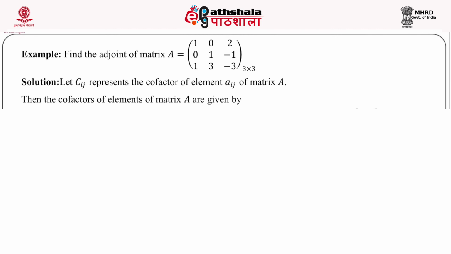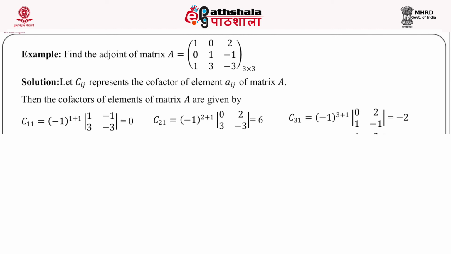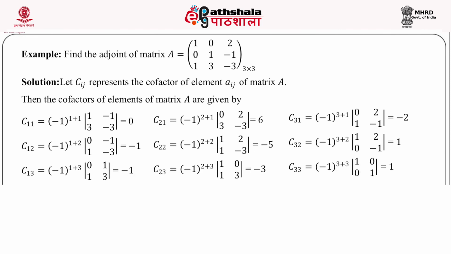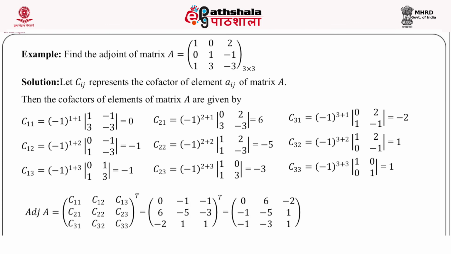Now find the adjoint of this matrix. It is a 3 cross 3 matrix. Let Cij represent the cofactors of Aij of matrix A, then the cofactors of the elements of A are given by this. In the first row, C11 is 0, C12 is minus 1, C13 is minus 1.